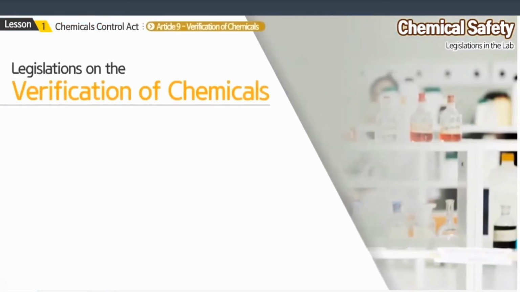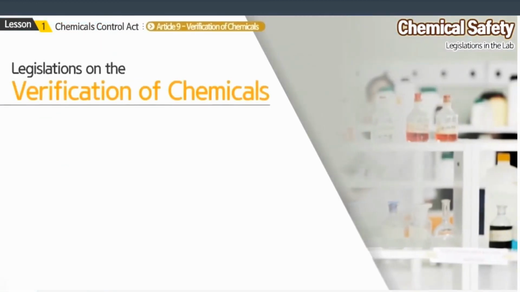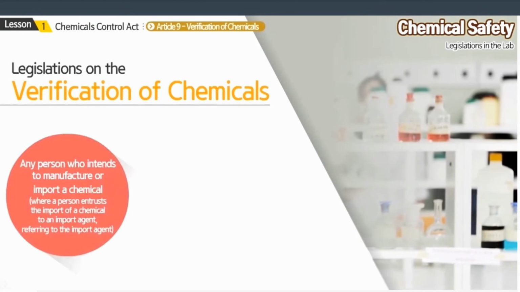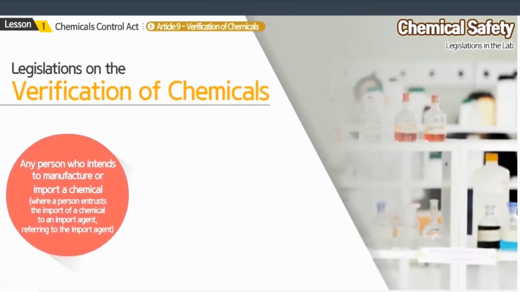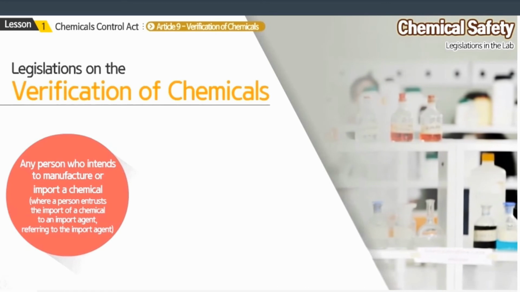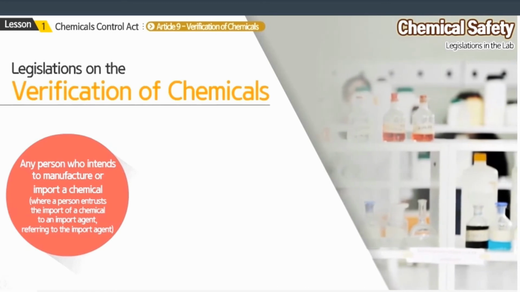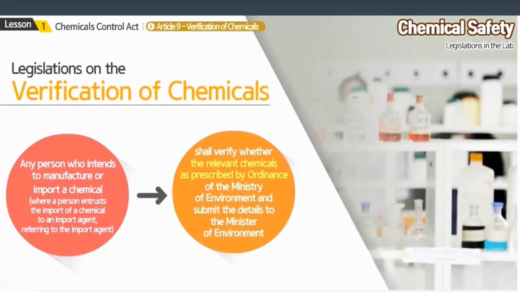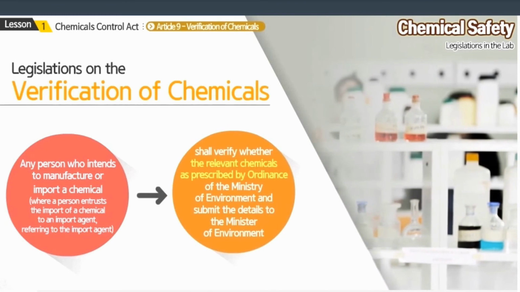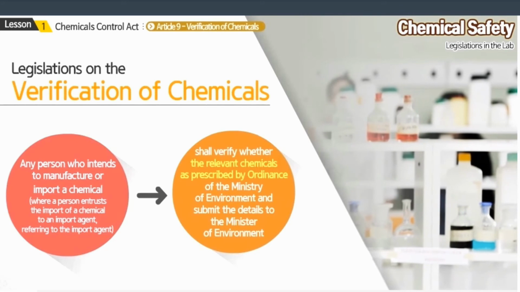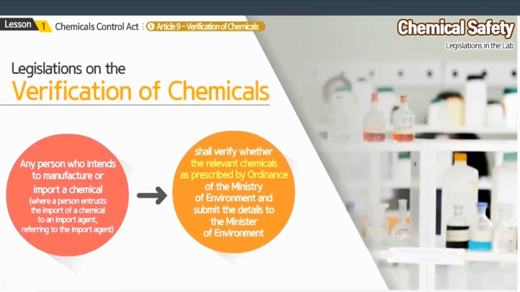Now, shall we look at the legislative details required when manufacturing or importing chemicals? Any person who intends to manufacture or import a chemical, or a person who entrusts the import of a chemical to an import agent, shall verify whether the relevant chemicals or any ingredient thereof falls under any of the following, or those prescribed by ordinance of the Ministry of Environment, and submit the details thereof to the Minister of Environment.